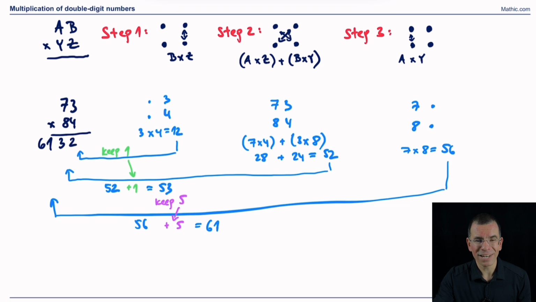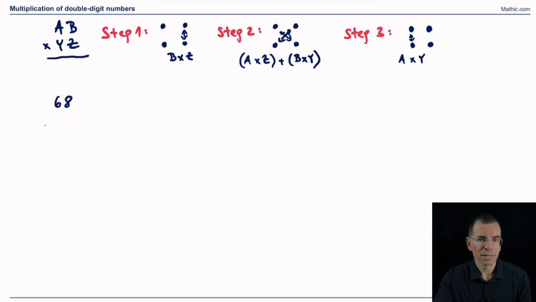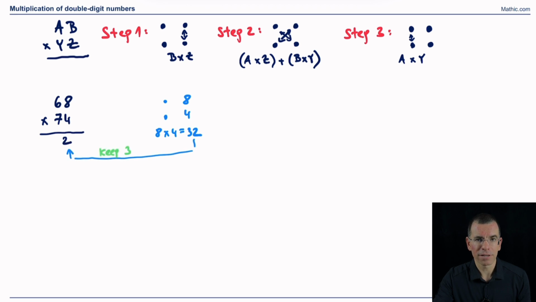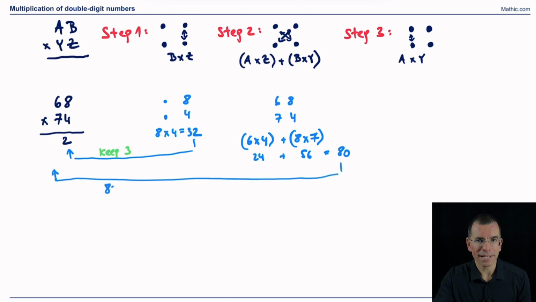Shall we try one more difficult example? 68 times 74. Step 1. 8 times 4 is 32. We write 2 as the last digit of our final result and we keep in mind 3. Step 2. 6 times 4 plus 8 times 7. That is 24 plus 56, which equals 80.